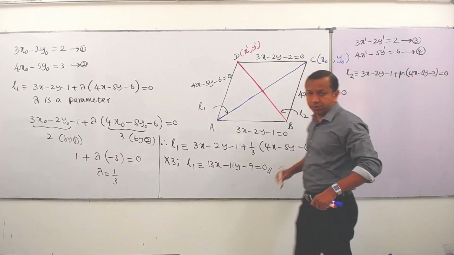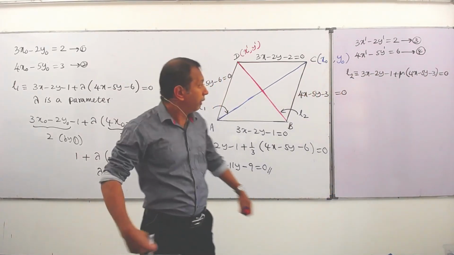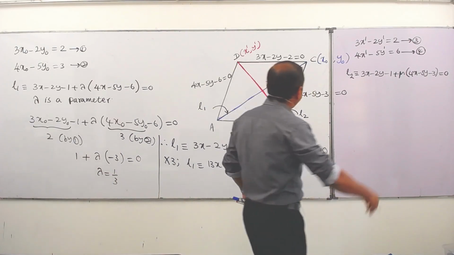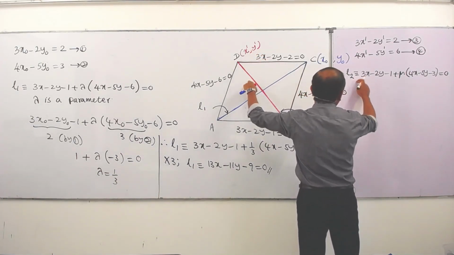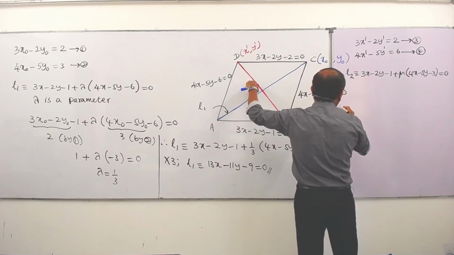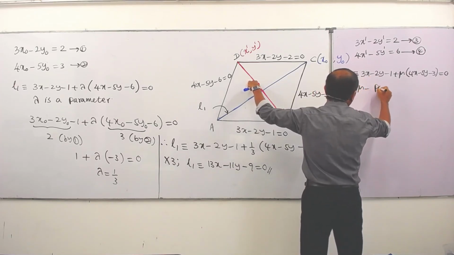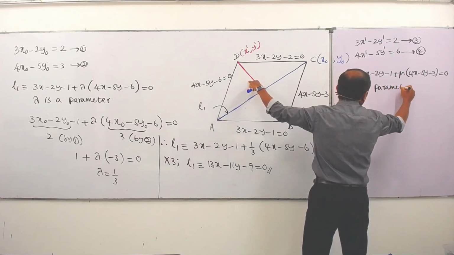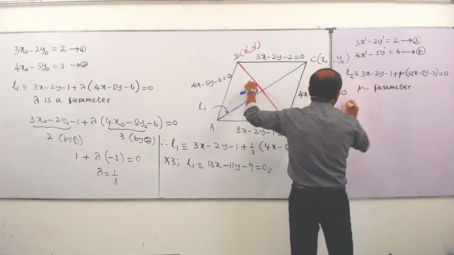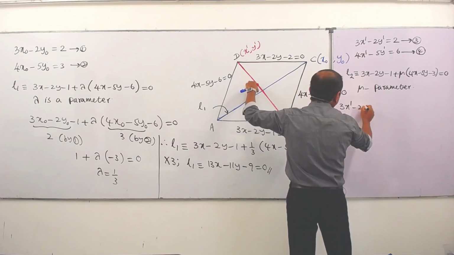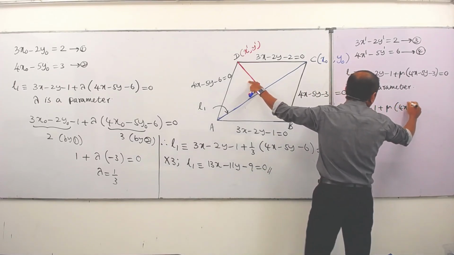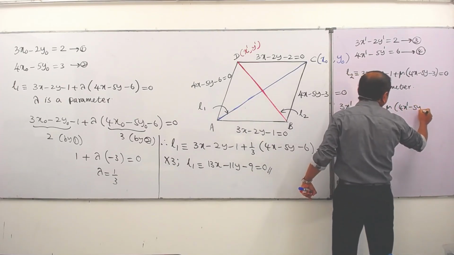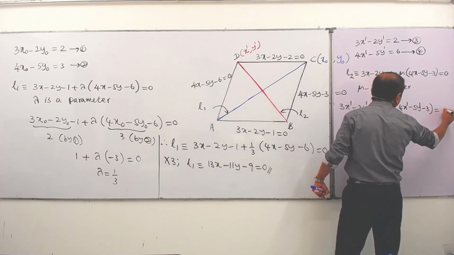This line passes through x dash, y dash, therefore x dash, y dash should satisfy this. What is this mu? Mu is a parameter. Then 3x dash minus 2y dash minus 1 plus mu times 4x dash minus 5y dash minus 3 is equal to 0.